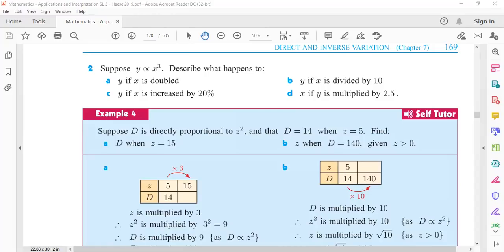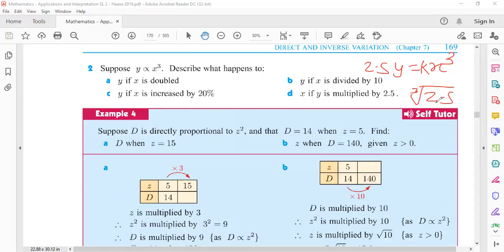So if y is multiplied by 2.5, what is the effect on x? It would be 15.625. Why would be multiplied? No, here y is kx cube. So if y is 2.5 times, x will go... Oh, sorry. I didn't read it right. Okay, got it.